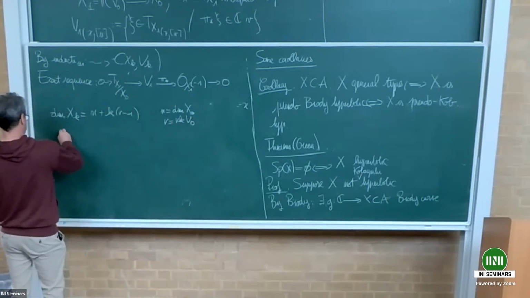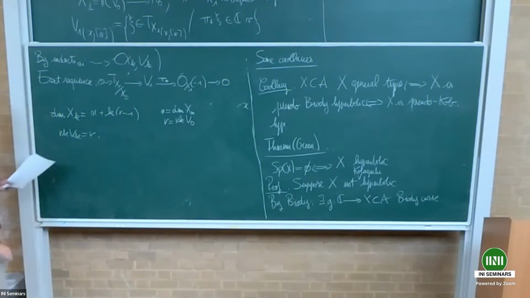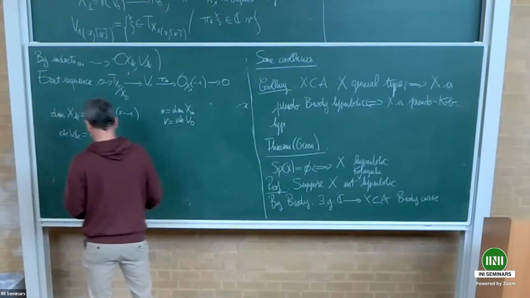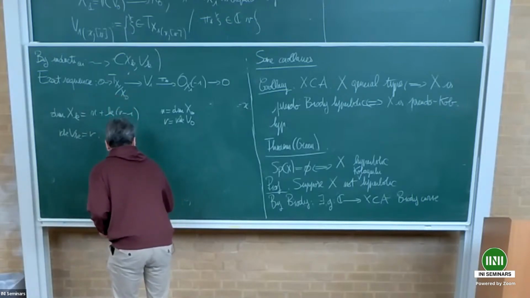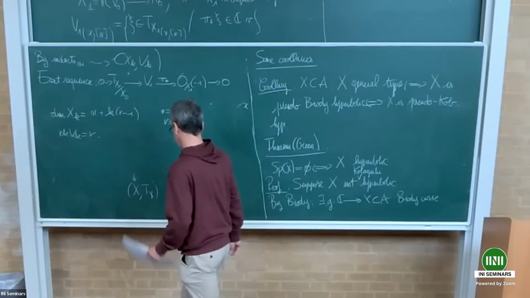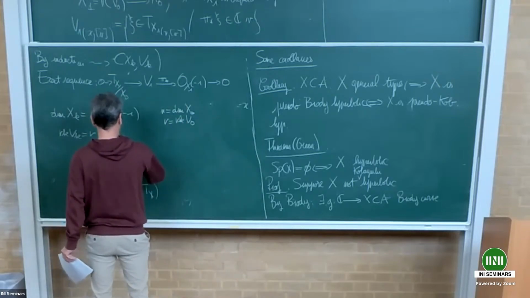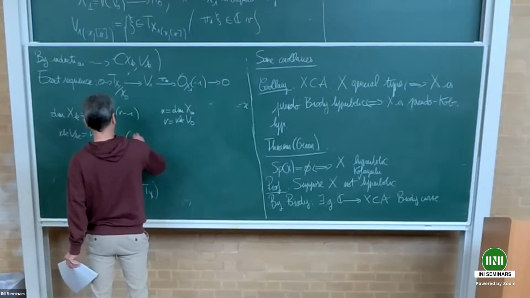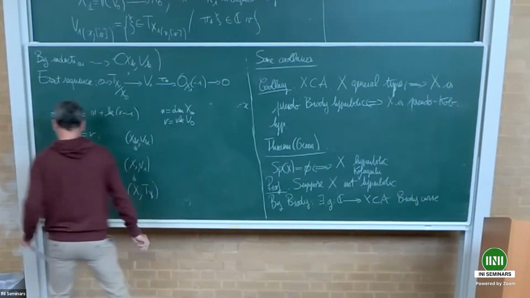And the rank of Vk is constant, equal to 1. So what is important geometrically is the following: suppose you start with this pair X, TX, then you have X1, V1.